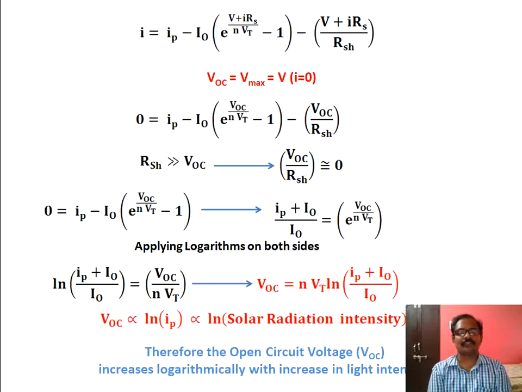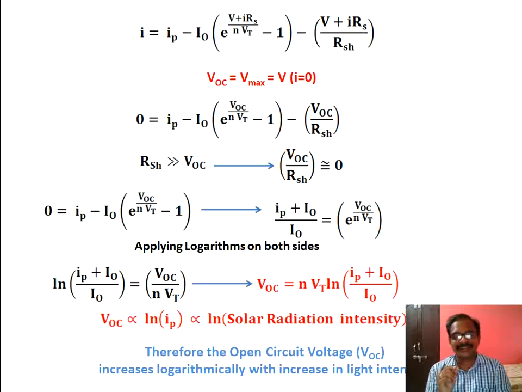Now from this equation, what is the thing that we are going to get? VOC is proportional to logarithm of photon current IP, and the photon current is proportional to solar radiation intensity, and therefore the open circuit voltage is proportional to logarithm of solar radiation intensity, which means the open circuit voltage increases logarithmically with increase in the solar radiation intensity.